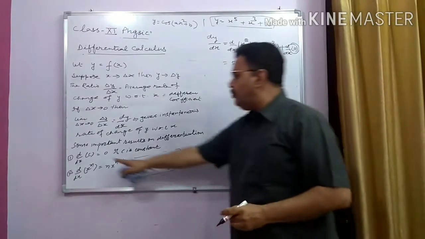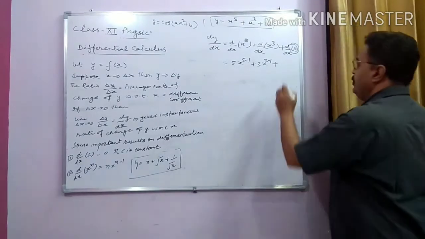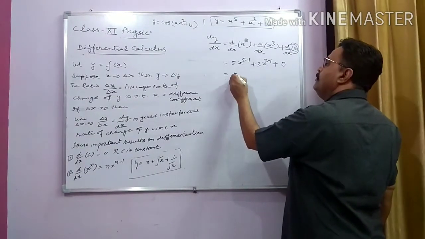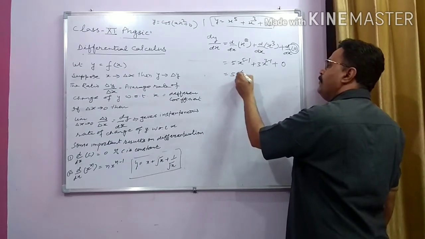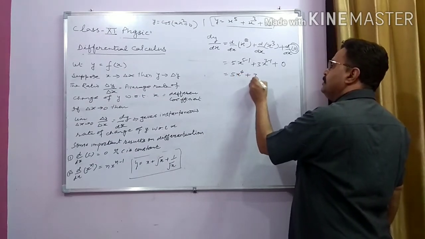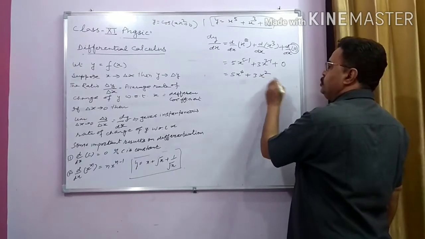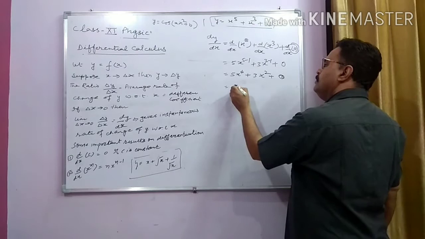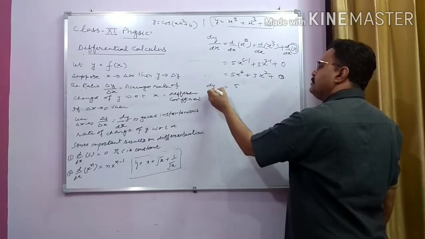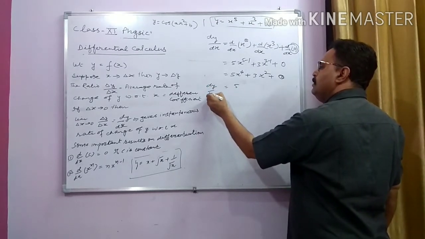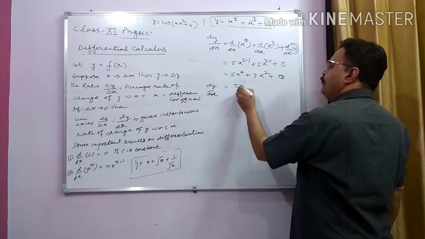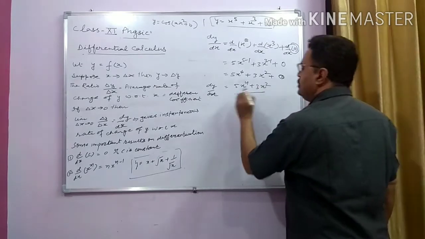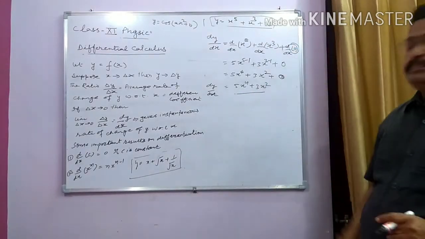So differentiation of a constant quantity is 0. Now this expression becomes 5 x raised to power 4 plus 3 x raised to power 2, or x square, plus 0. So dy upon dx is equal to 5x raised to power 4 plus 3x square. This is the differentiation of the given expression.